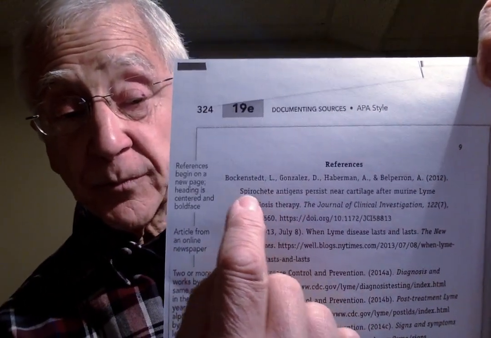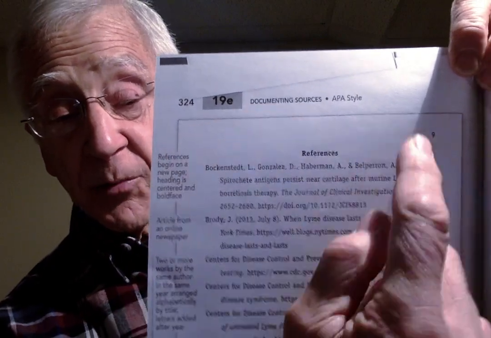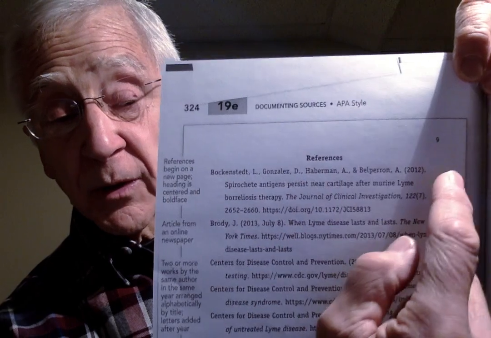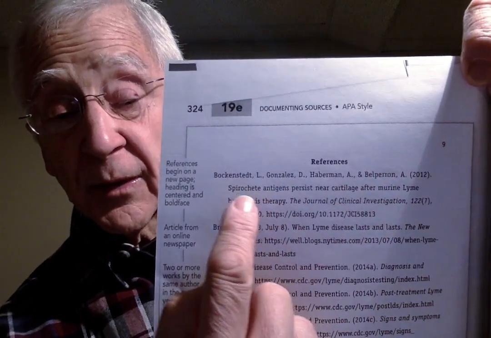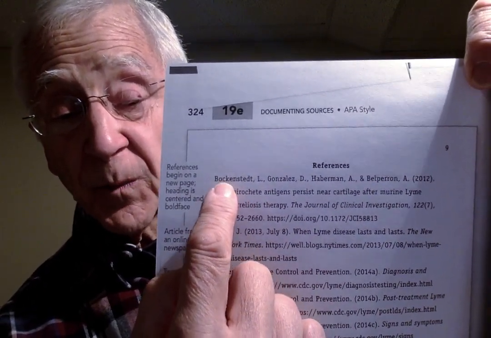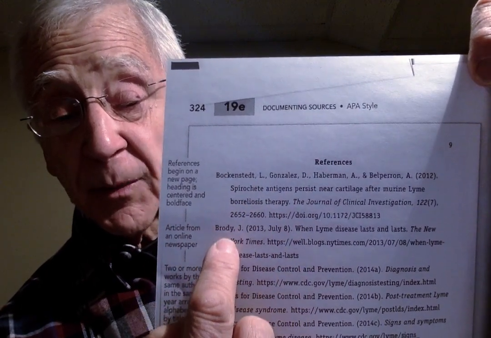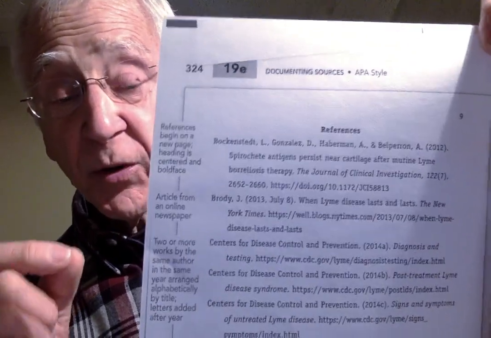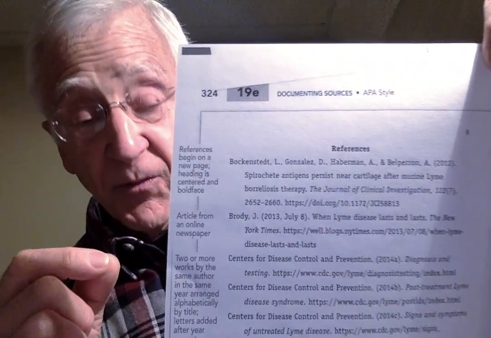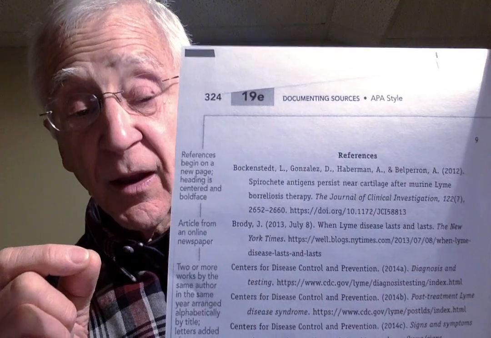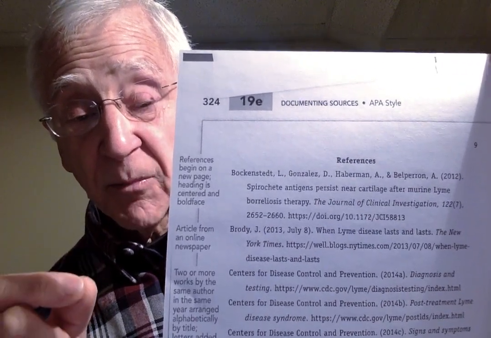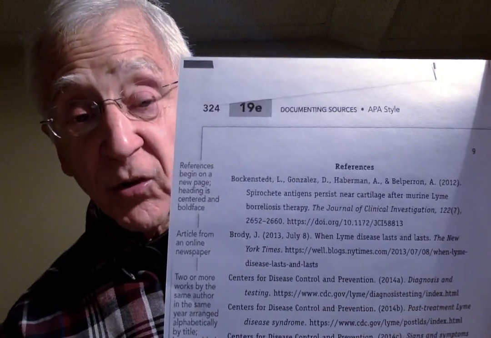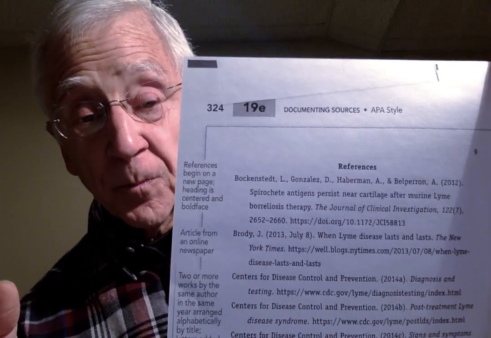So again, separate sheet, references, bold, page number, reverse indentation, whole thing set up in alphabetical order by the first word in the entry, and the first word in the entry is going to be the author's last name if you have an author. If you don't, then it's going to be the title of the article, okay?